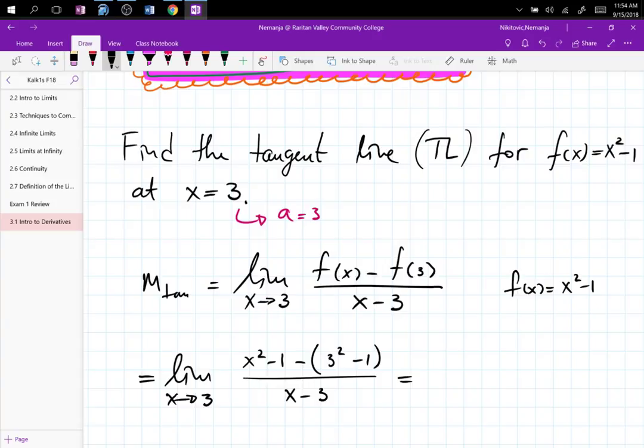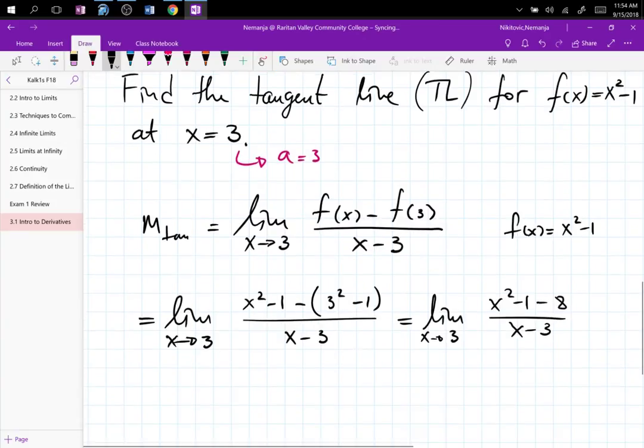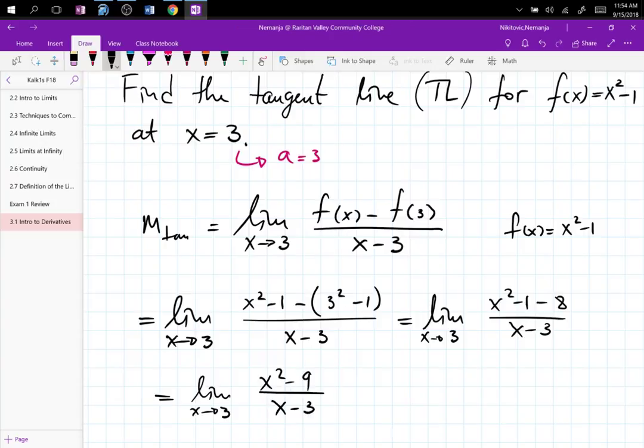So what do I have? Well, simplify to see what you have. You have x squared minus 1 minus 8 divided by x minus 3. You have the limit as x goes to 3 of x squared minus 9 over x minus 3. And how do we solve this?